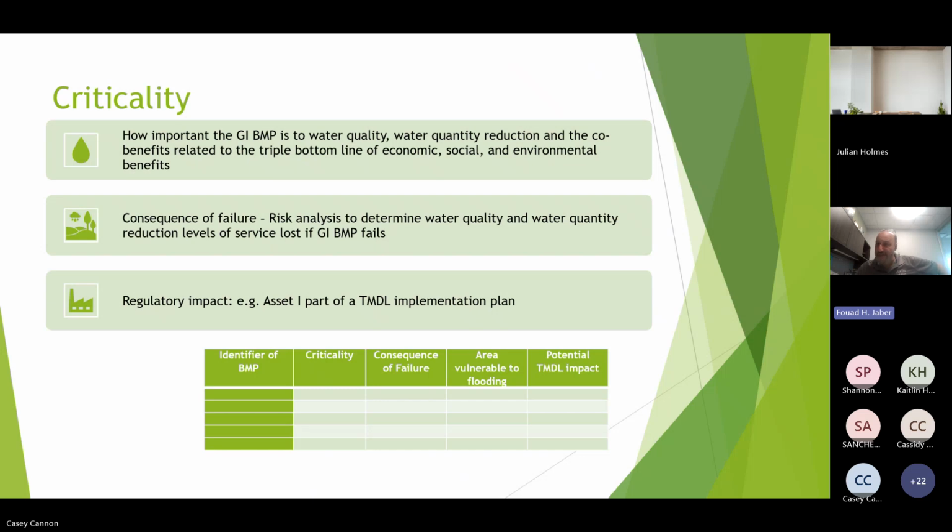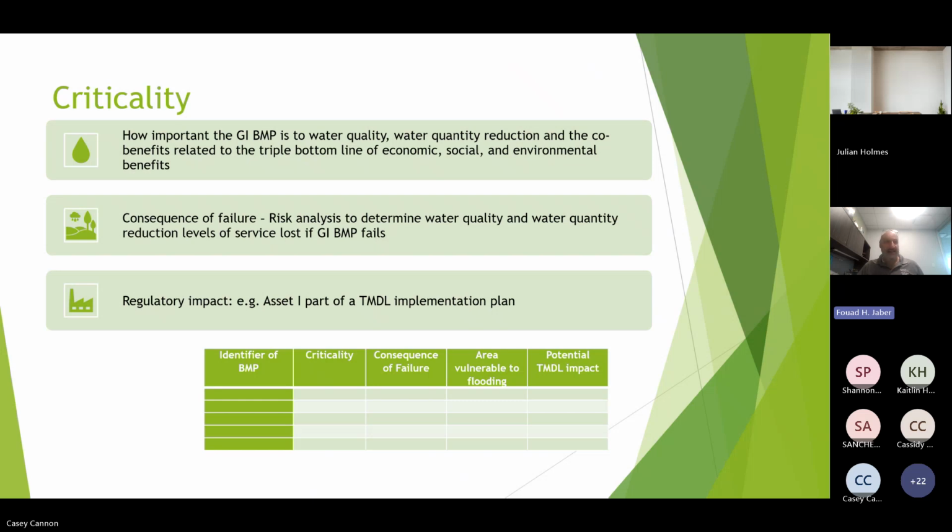In another project, I worked with the city of Denton and EPA to develop a flood risk map for Denton County. You could use that and look at the location of your assets, and if they're in a very high flood risk zone, then you can give it a higher criticality score as a result.